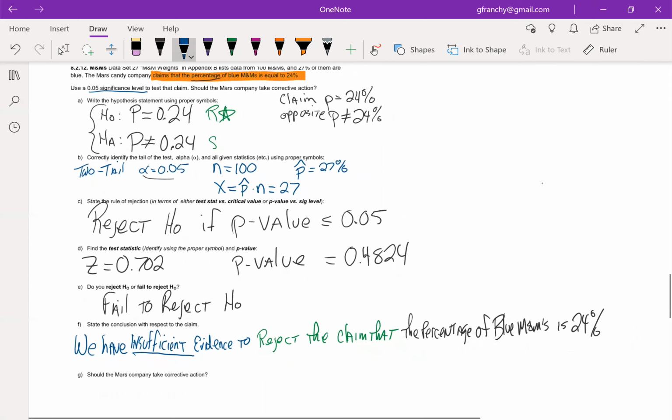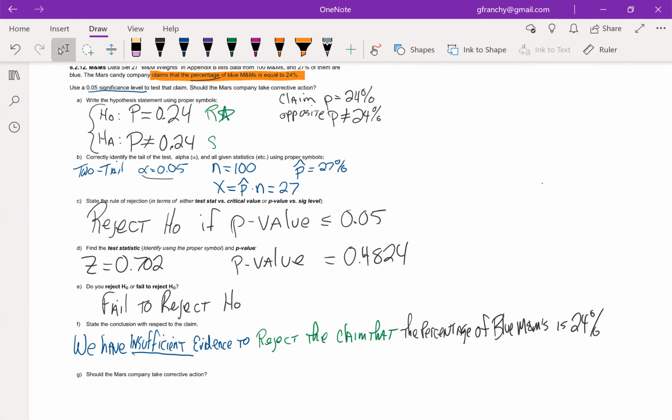And the last question, sort of the real world question that comes out of this: should the Mars company take corrective action? Well, they would only take corrective action if there appears to be a problem. There would only be a problem if the percentage of blue M&Ms doesn't appear to be 24% overall for the population.